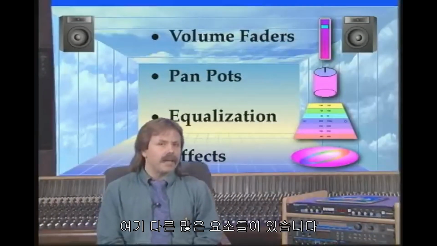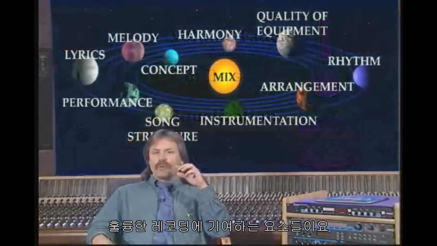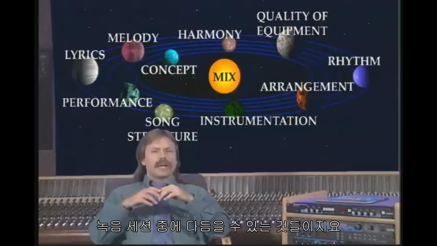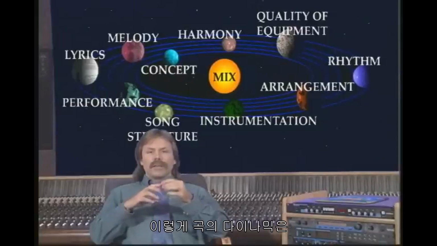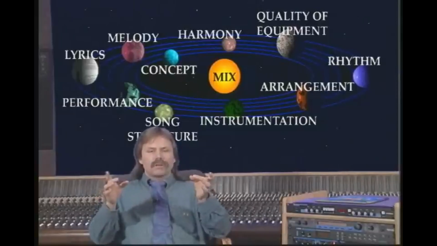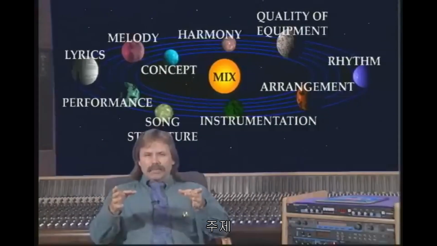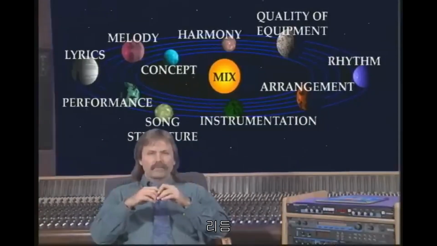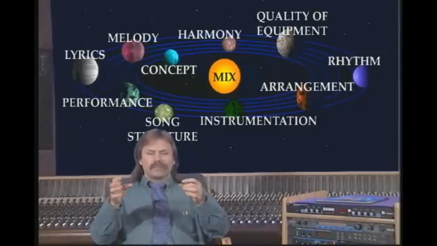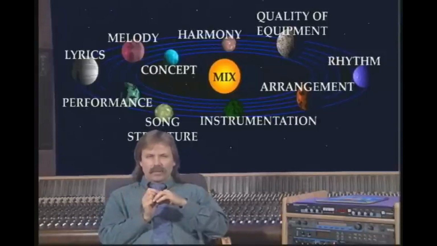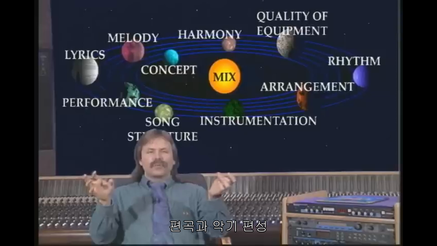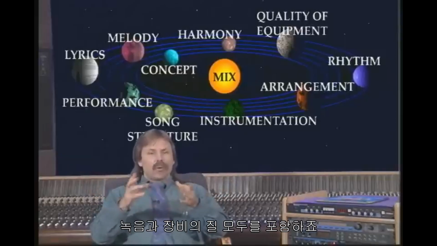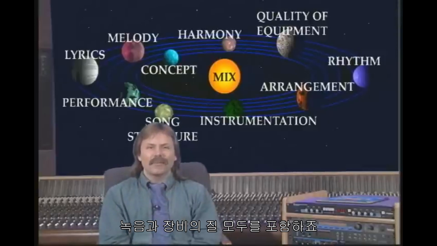Now, there are many other things that contribute to a great recording that can be refined during the recording session. These dynamics of the song include concept, melody, harmony, rhythm, the lyrics, the song structure, the arrangement and instrumentation, the band's performance, and the quality of the recording and the equipment.